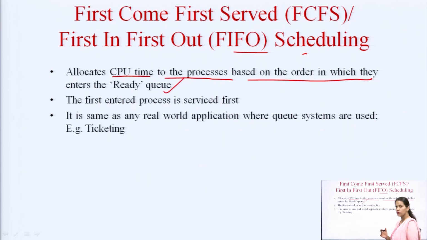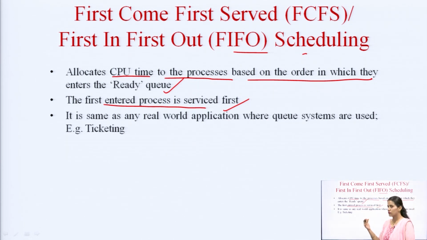So, there is a ready queue, and the tasks which enter the ready queue first will be executed first. The first entered process is serviced first. That is why it is known as first in first out or first come first served.